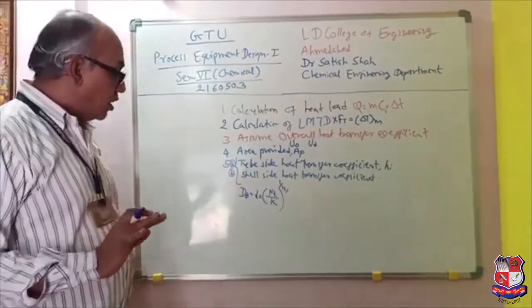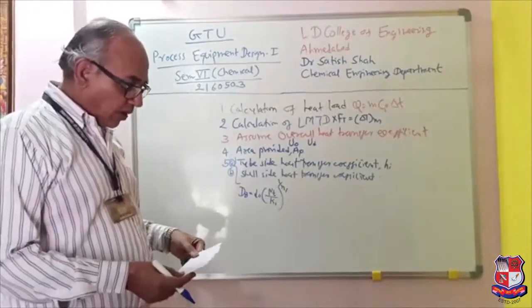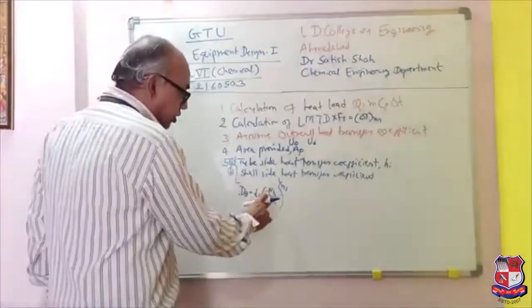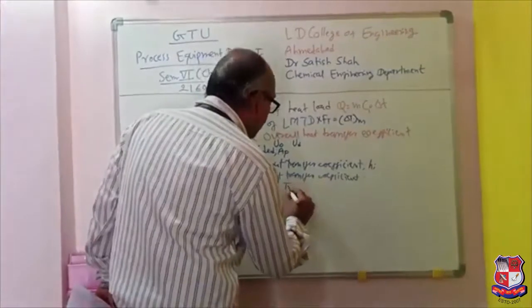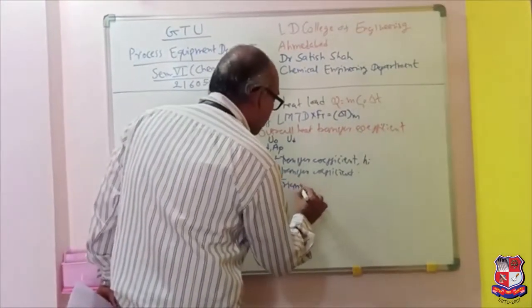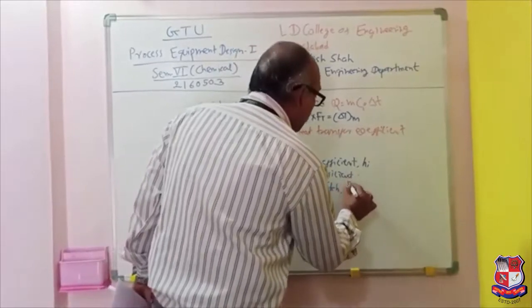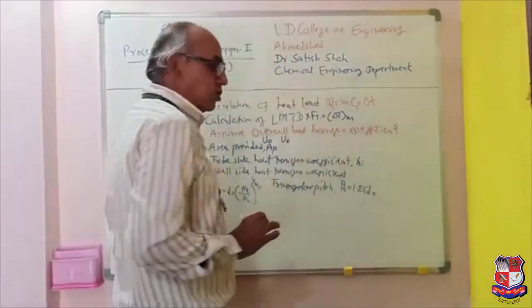Now these constants have different values based on the square pitch and triangular pitch. So I will give you those values here, which values you have to use. See, if we have the triangular pitch, your tube pitch will be 1.25 times Do. So this is general.